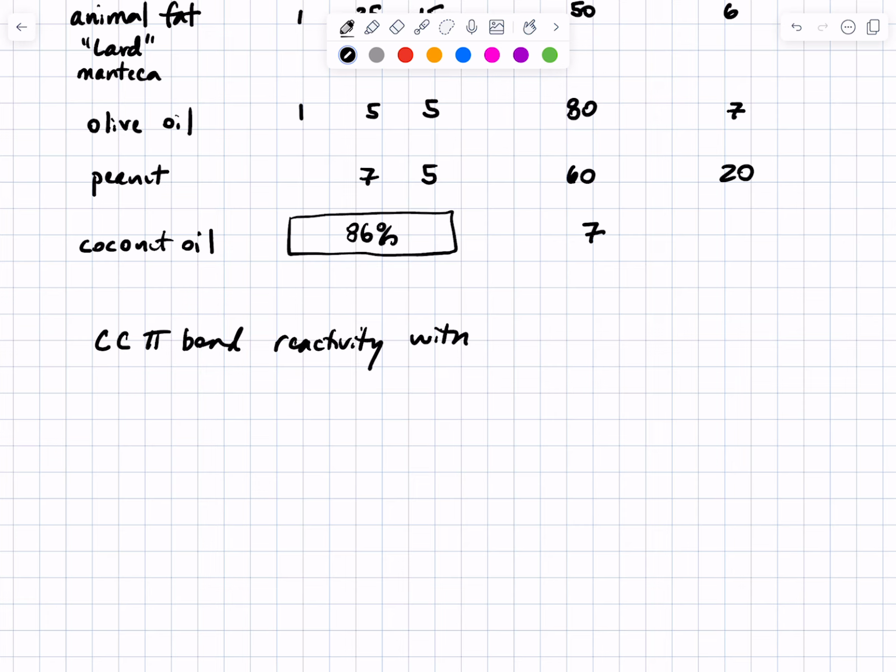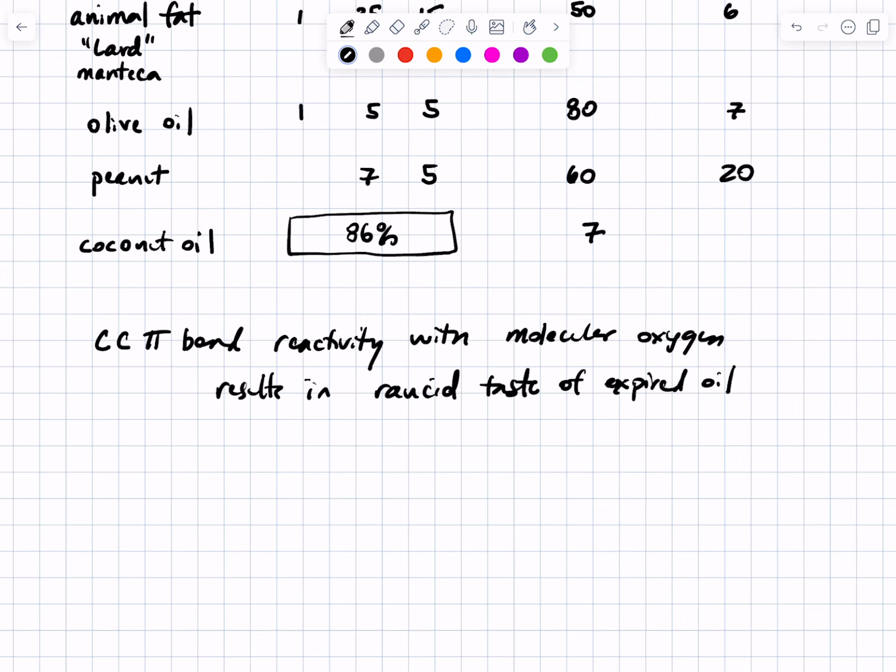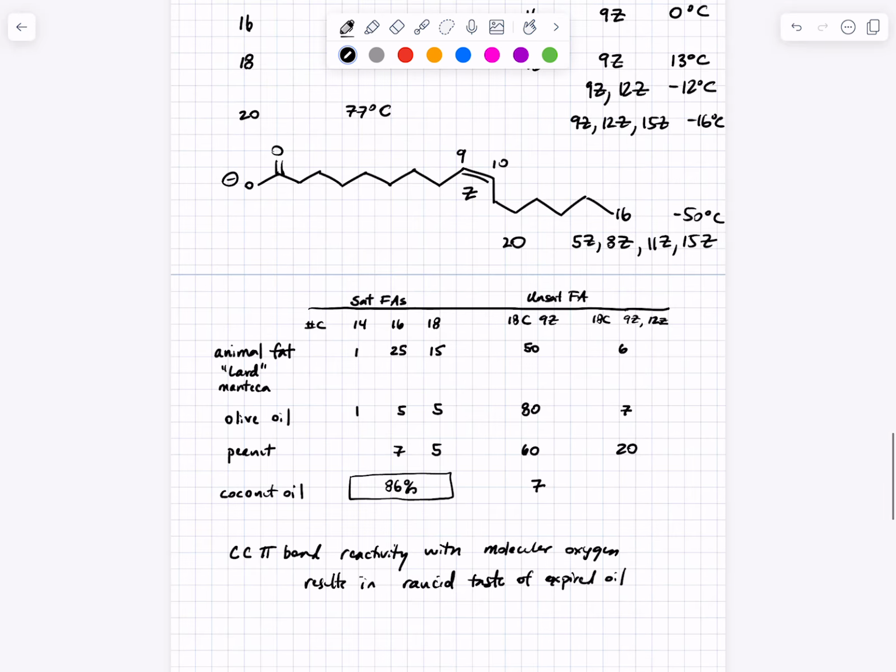But carbon-carbon pi bond reactivity with molecular oxygen results in the rancid taste of expired oil. Literally, you end up adding some oxygens to the atoms immediately adjacent to the pi bond. And again, the specific chemistry there isn't important, but as good as triglycerides composed of unsaturated fats tend to be for health outcomes, they're not as shelf stable as saturated fatty acids. Go ahead.